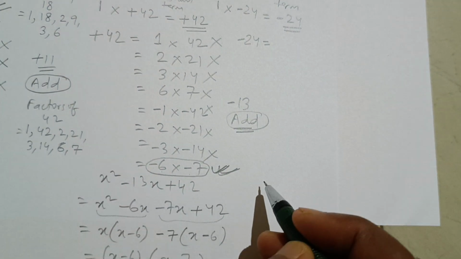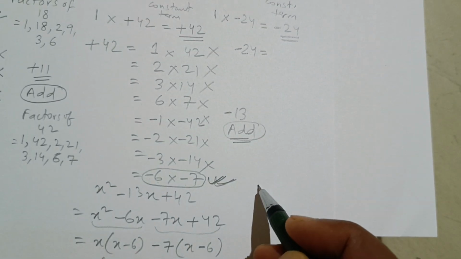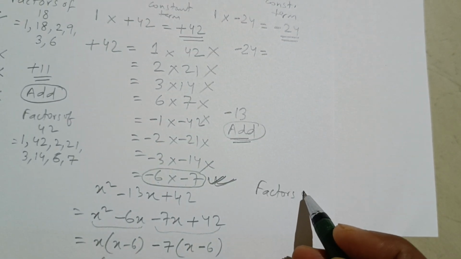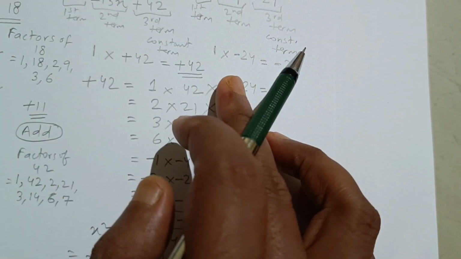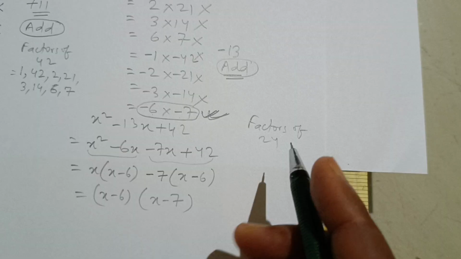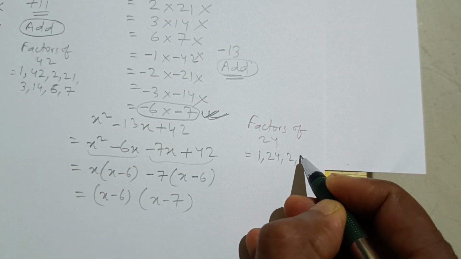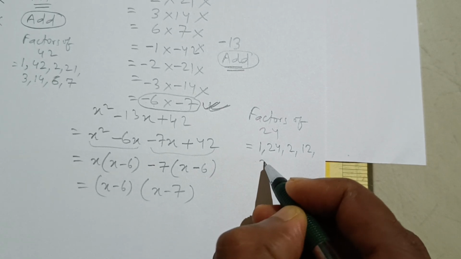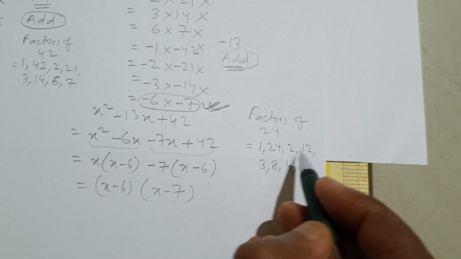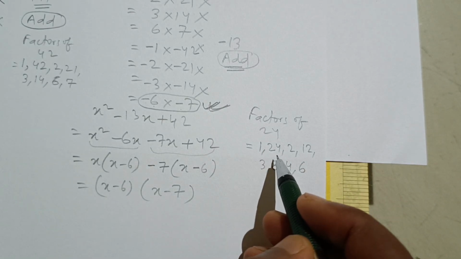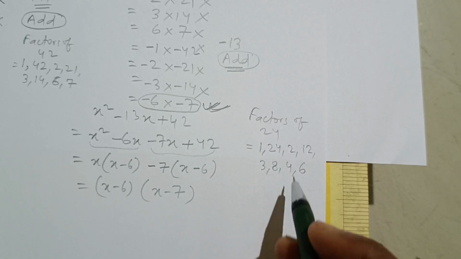Okay, let us do it over here. There is very little space, but we can do it. So what are the factors of 24? 1, 24, 2, 12, 3, 8, 4 and 6. These are all the factors of 24.